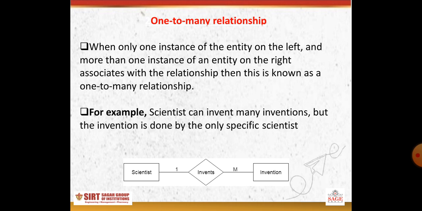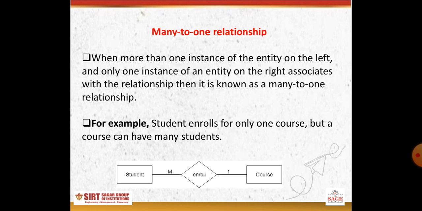As the name suggests, when only one instance of an entity on the left and more than one instance of the entity on the right associated with a relationship, then this relationship is known as one-to-many relationship. For example, scientists can invent many inventions, but invention is done by the specific scientist. Here the diagram shows one-to-many relationship.